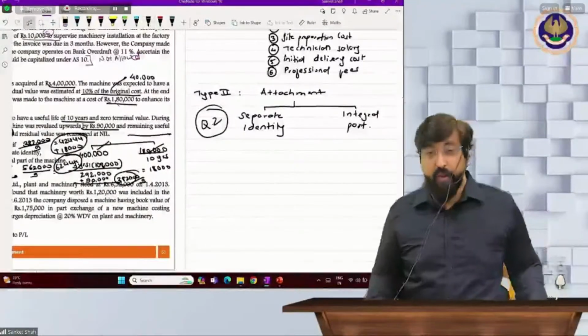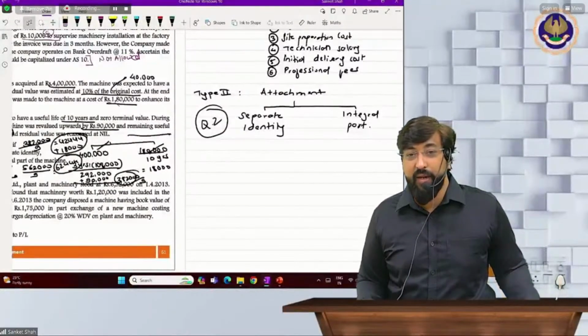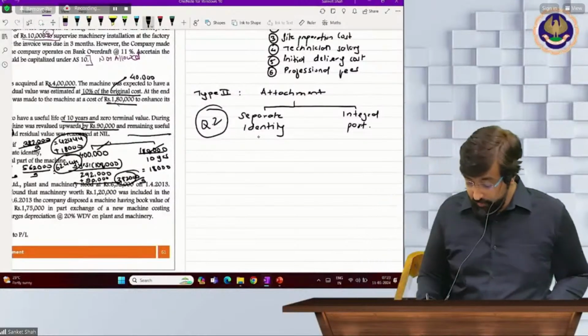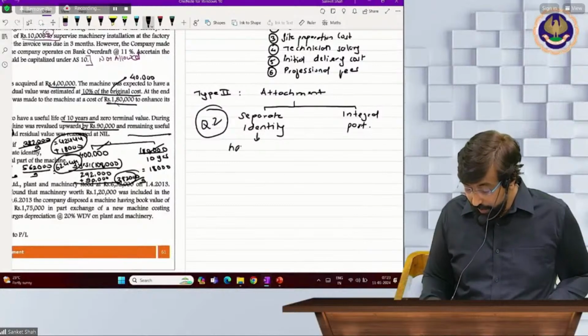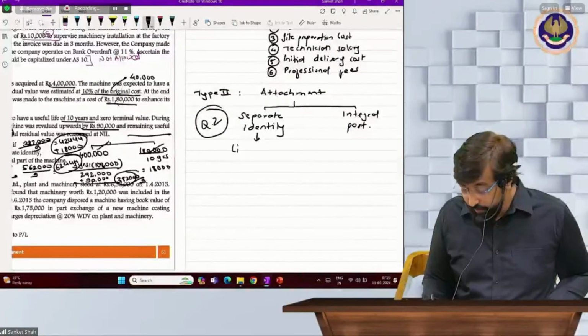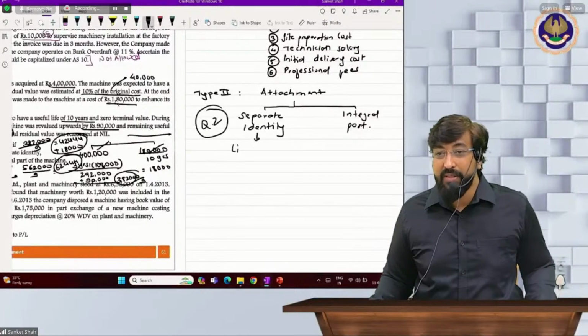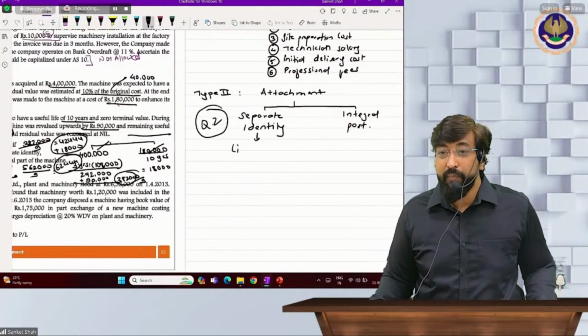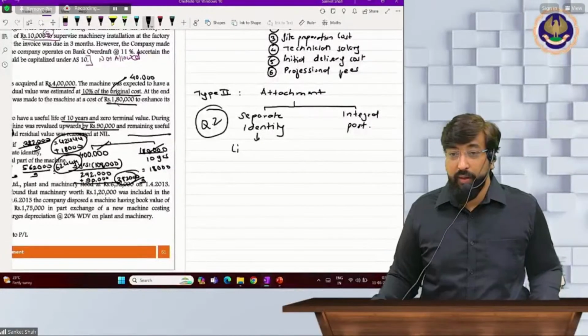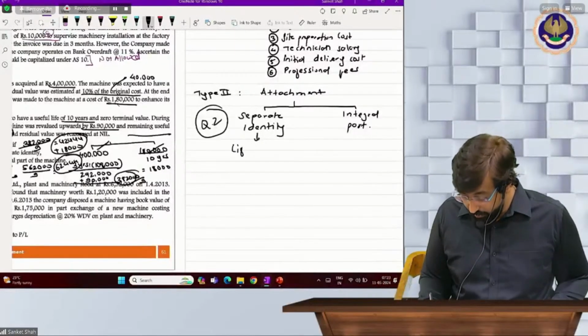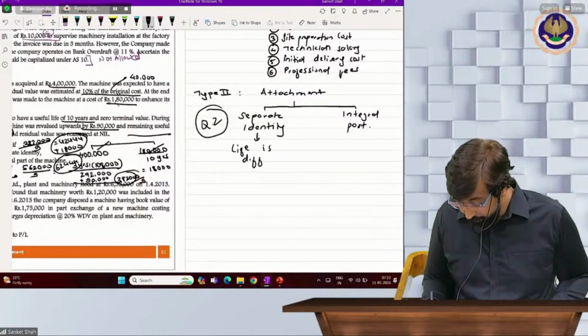So the additional part, the attachment part, is a separate identity, or an integral part. So here is life the same or different? In case of separate identity, tell me in the comment section. Life is the same or different, beta? Okay, very good. Life is different. Write down. Life is different.